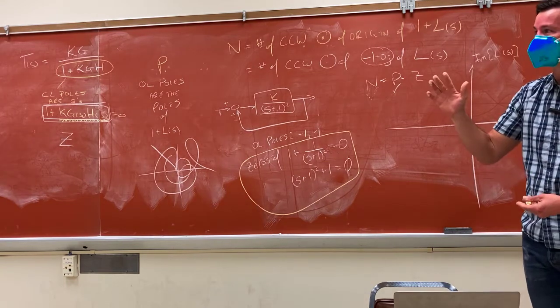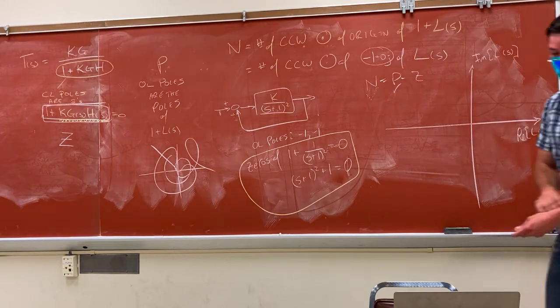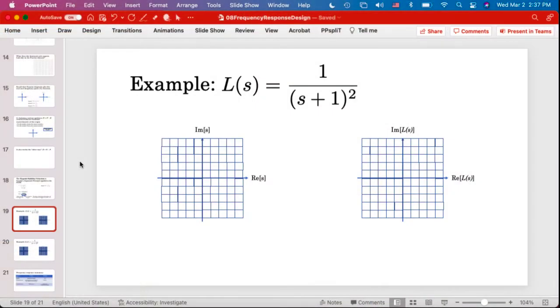Okay, so let's walk through what the Nyquist plot of this example would be. So we know that there are two open loop poles, both at -1. And our Nyquist contour, I think, makes sense to start at the origin and walk up.